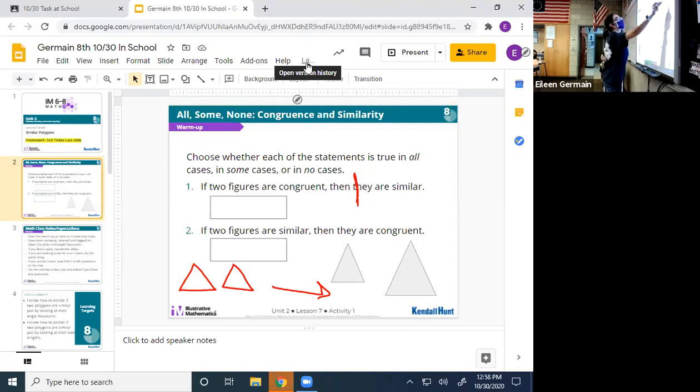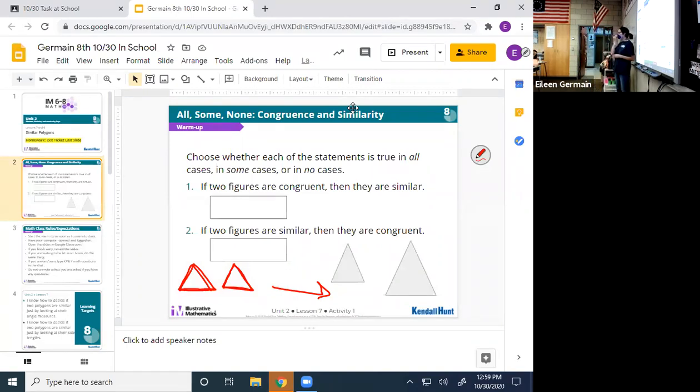Okay, so if two figures are congruent, then they are similar. That means if I have two shapes that are exactly the same, like the two red ones that I drew here, they're congruent. Can we also call them similar? Yes. How often can we do that?